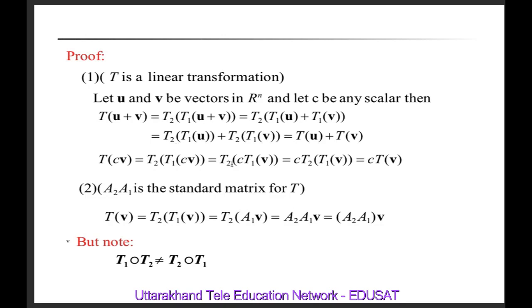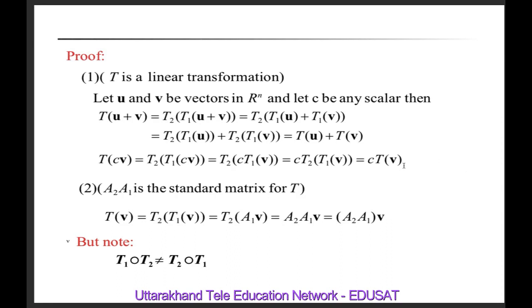So T2 of c T1(v). Also T2 is a linear transformation, therefore T2 preserves scalar multiplication. So this is c T2 of T1(v). T2 of T1 we have denoted by T. So c T(v). So T also preserves scalar multiplication.